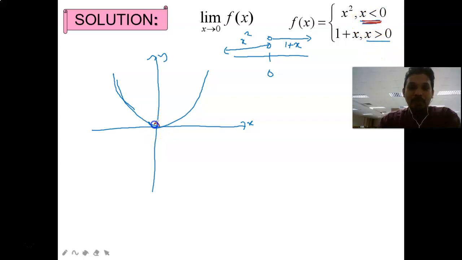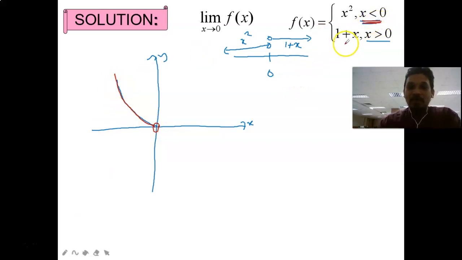So we are talking about the part of the graph on the left side. Now erase the rest of it. There you go. So this is the graph of f(x) equals x squared for x less than 0.